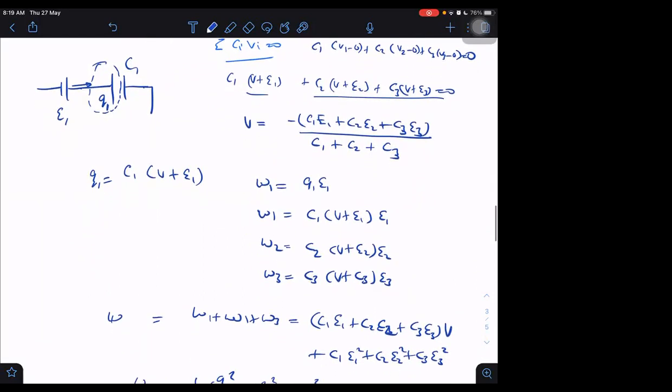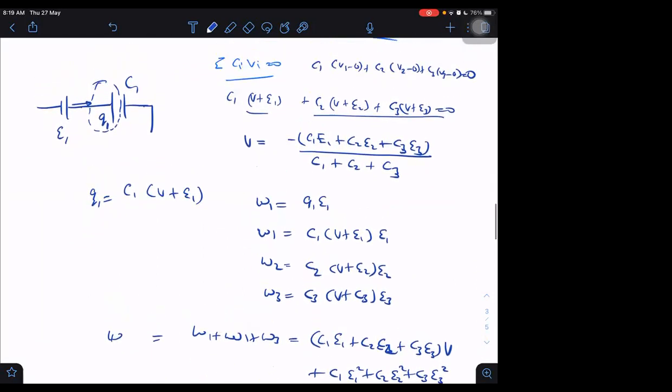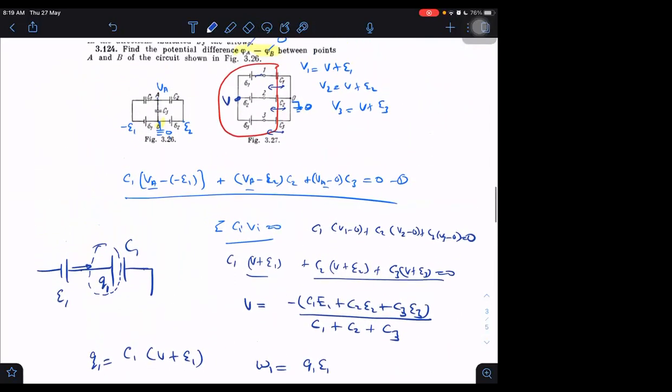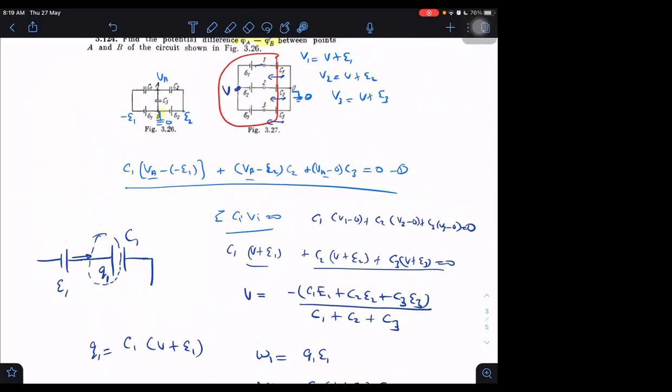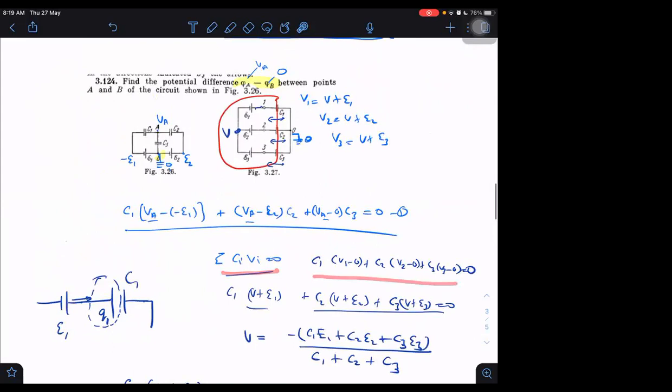We were able to obtain V at last, but can we? No, we can determine it in the intermediate situation also. Wait a second. At any intermediate situation, this equation, summation Ci Vi equal to 0, is still valid, because the total charge will remain conserved. So not only at last, even when these capacitors are getting charged, I can apply this equation.